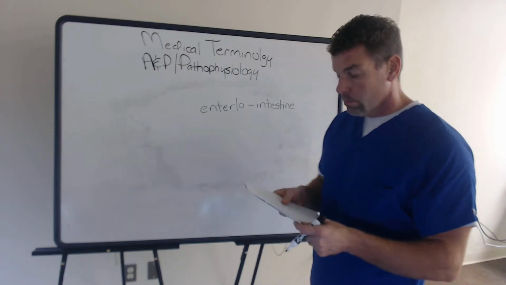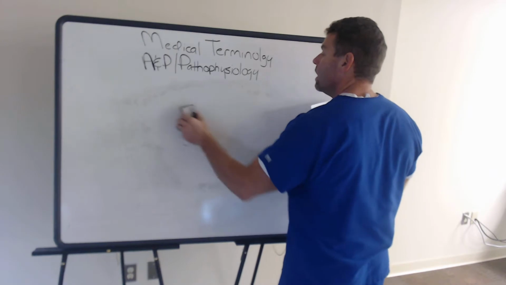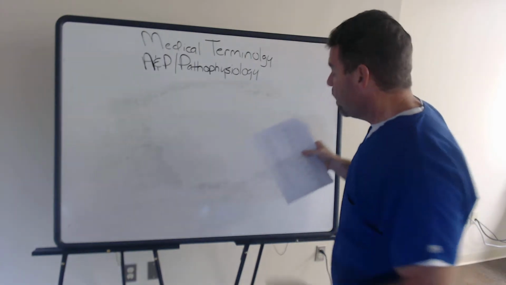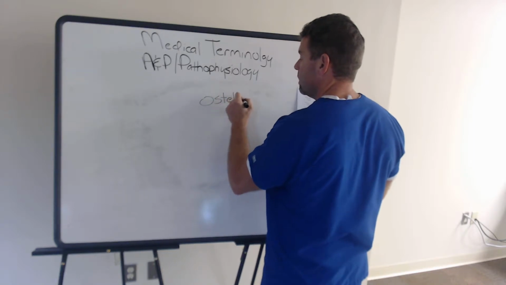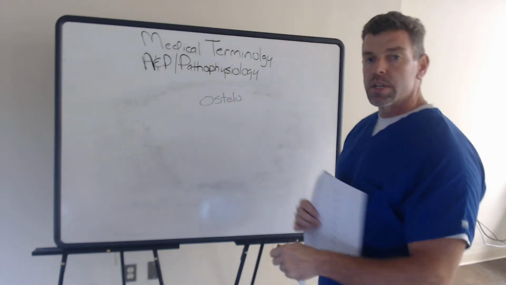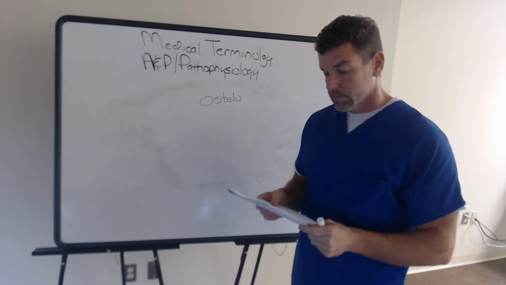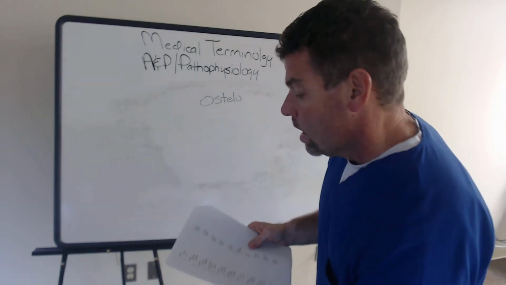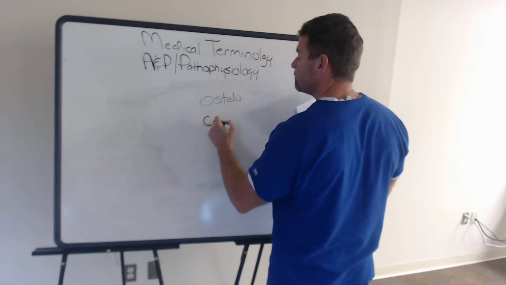Bone. Osteo is a combining form that means bone. Brain. Cerebro is a combining form that means brain.